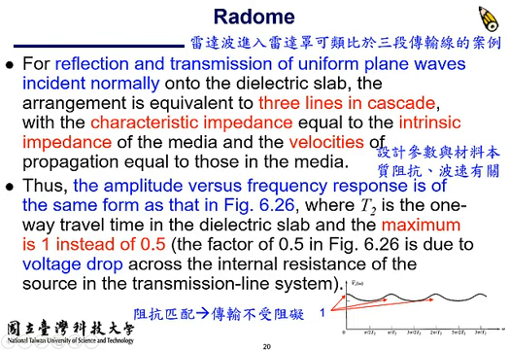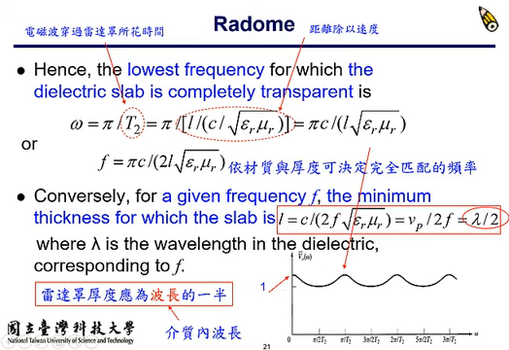And because the characteristic impedances of the three materials, free space, the radome material, and free space, are not the same, what can we do to minimize the interference, minimize the reflection? Now, what we can do is this.